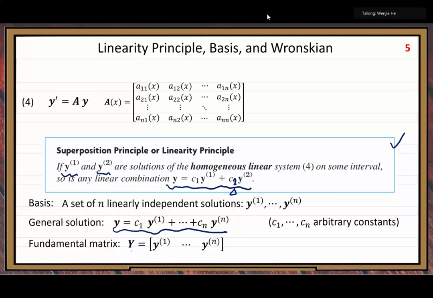We use a boldface capital Y for the fundamental matrix. It's an n by n matrix. But how do we form this n by n matrix? We put together the n solutions that form a basis.